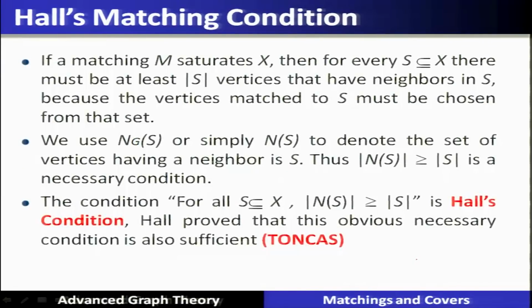Now, if a matching M will saturate X, that means all the jobs, then there is a condition that for every subset S of X, that is every subset of jobs, there must be at least that many vertices that have neighbors in S. Why?